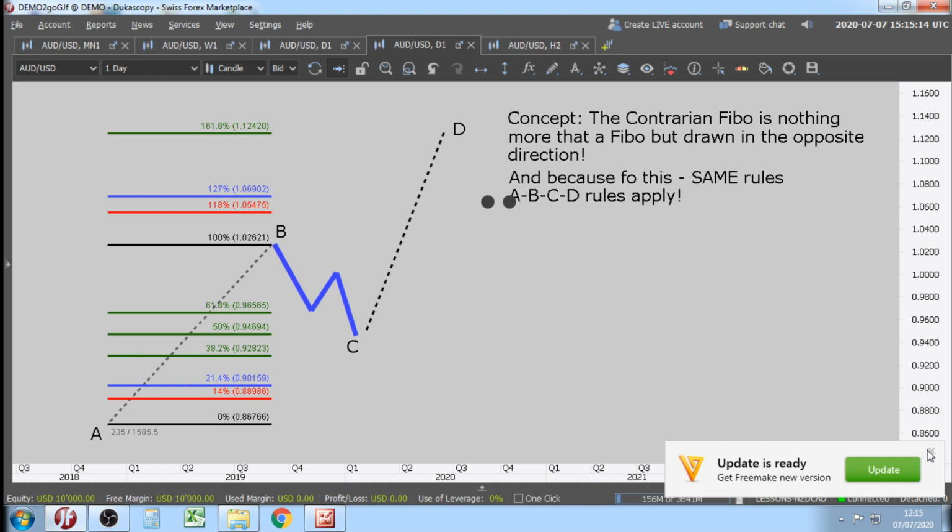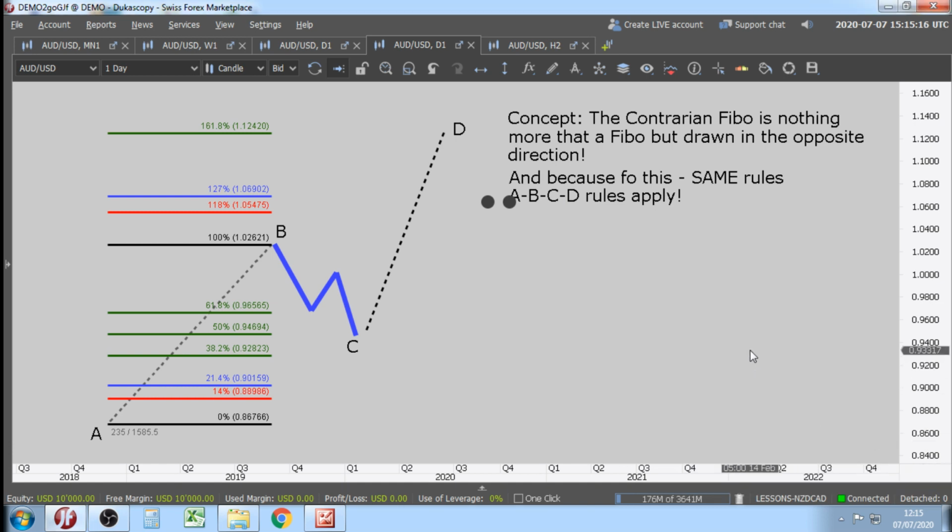This is the good news. So you learned about the original Fibonacci, and the contrarian Fibonacci is nothing more than a Fibonacci drawn in the opposite direction, and because of this the same A, B, C, D rules apply.